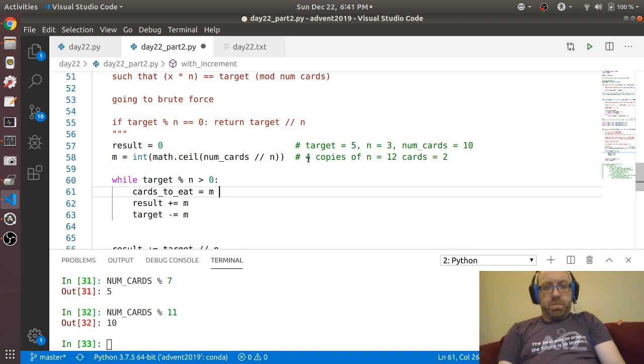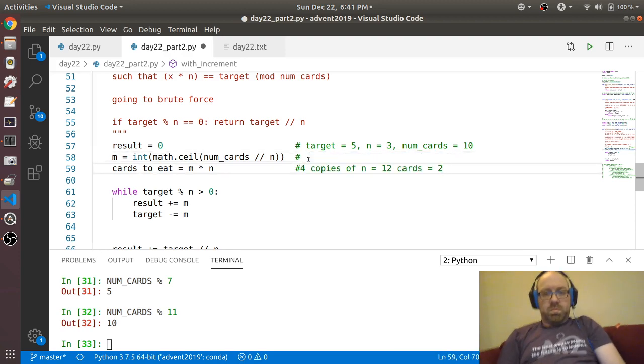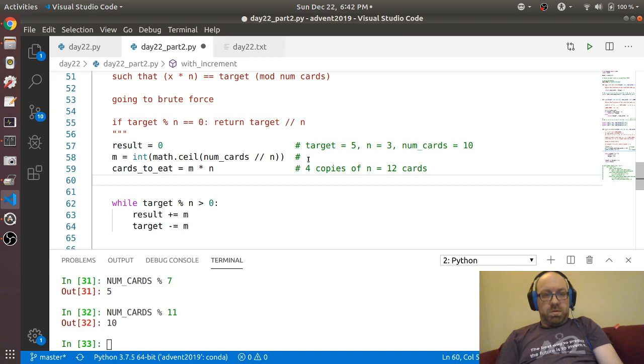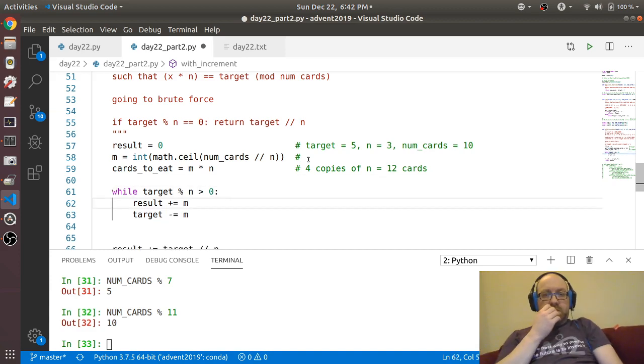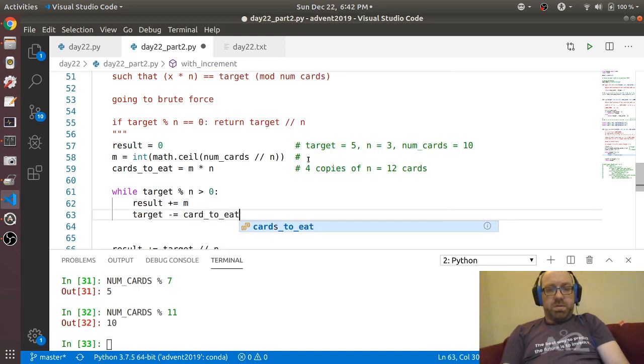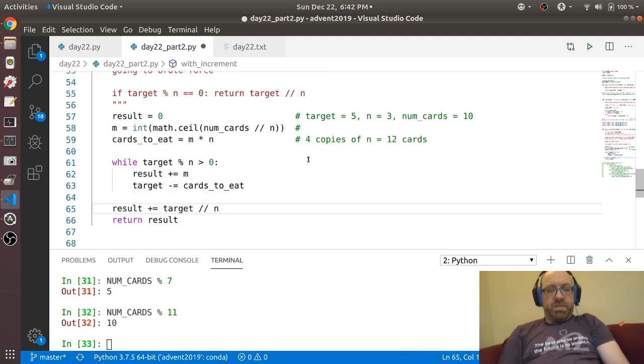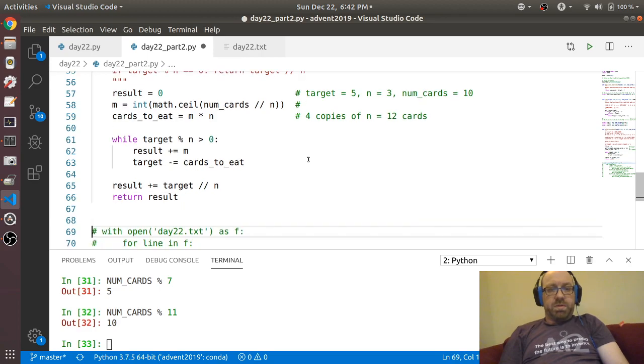Cards to eat equals m times n. So result plus equals n, target minus equals cards to eat. And then finally return result.